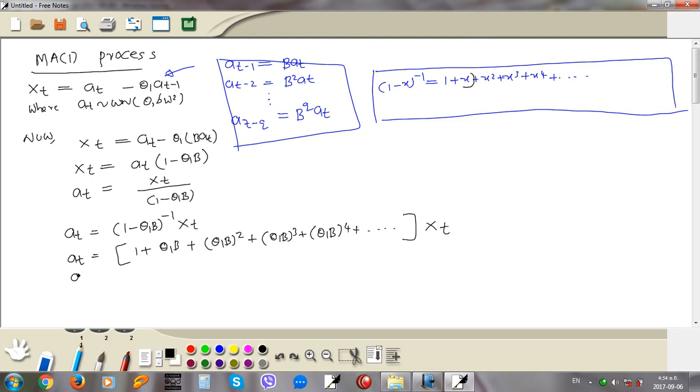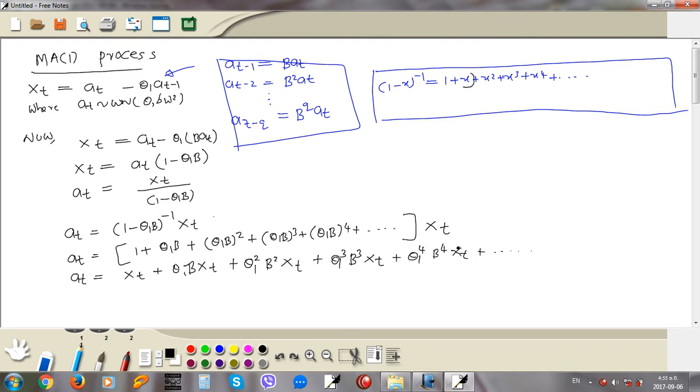Then we can remove the brackets, so a_t equals x_t, because here it is 1, plus theta_1 B x_t, plus theta_1 squared B squared x_t, plus theta_1 cubed B cubed x_t, plus theta_1 to the power 4 B^4 x_t up to infinity.